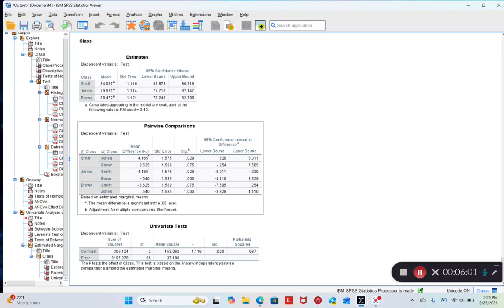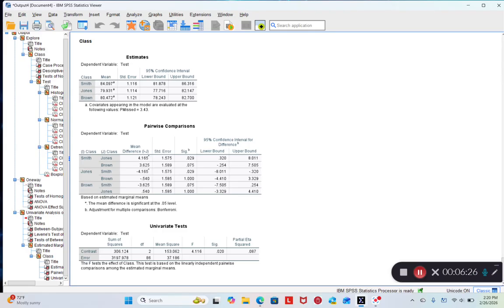With this, we go down to our pairwise comparisons. The significance is seen right here. Between Smith and Jones, the significance is 0.029. That is less than 0.05, so there is a significant difference. Smith and Brown is 0.075.